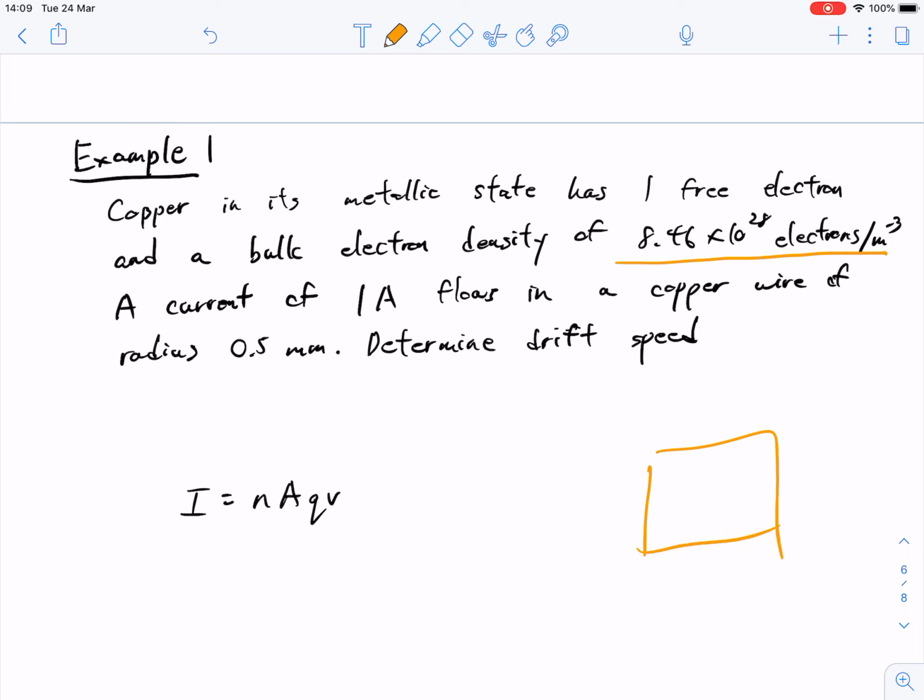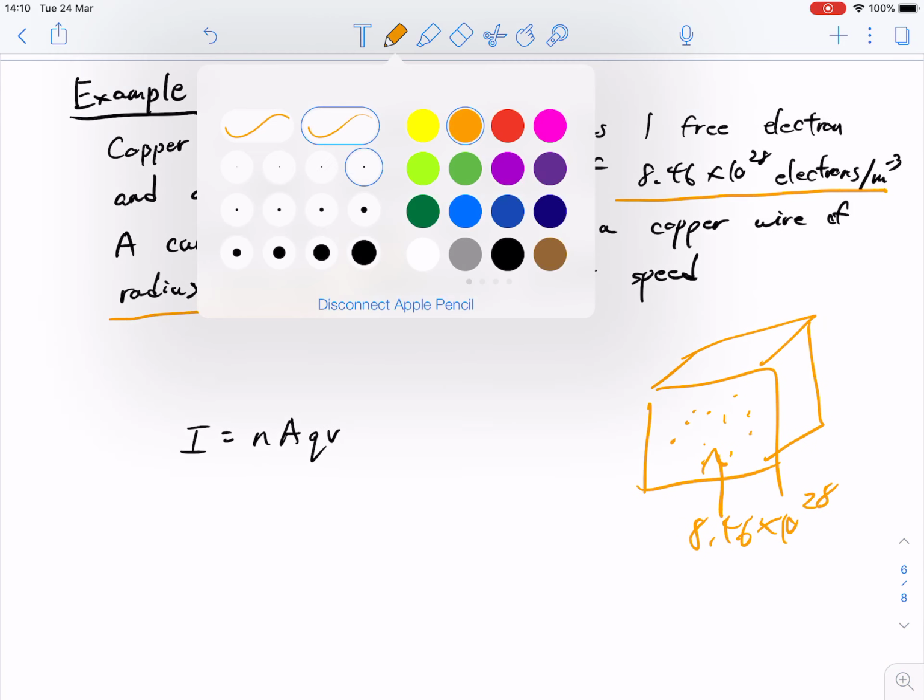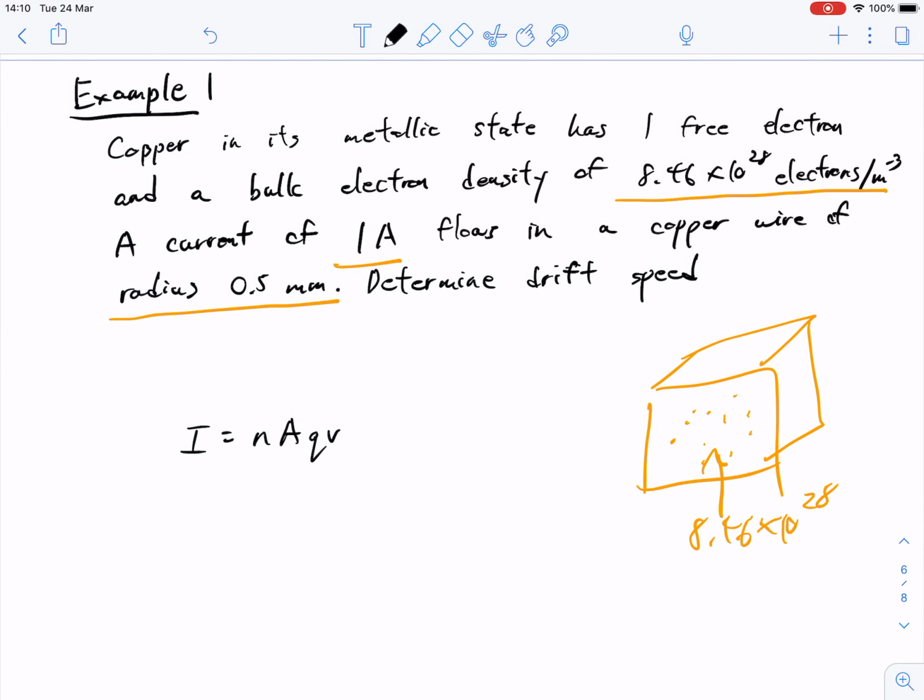So within a meter cube of space of copper, that's how many electrons there are, 8.46 times 10 to the power of 28. And now what we're seeing here is that there is a current that's flowing through a copper wire, or a chunk of copper essentially, and that has a radius of 0.5 millimeters.